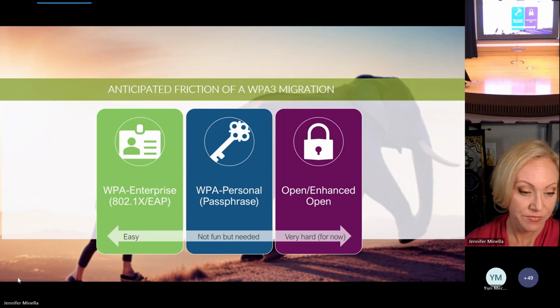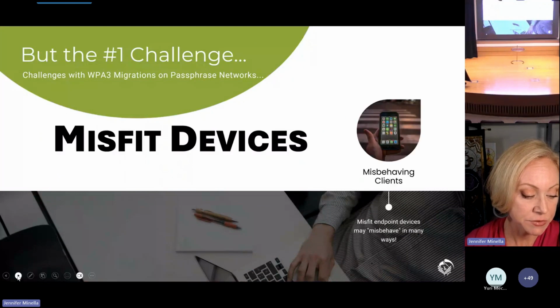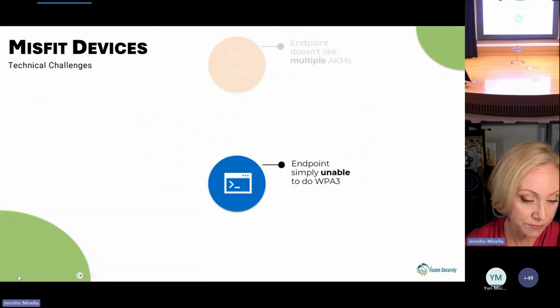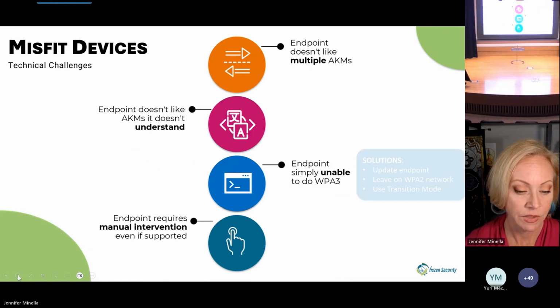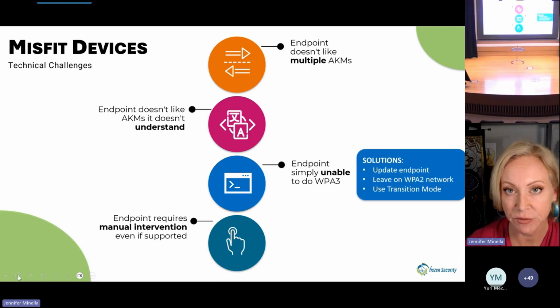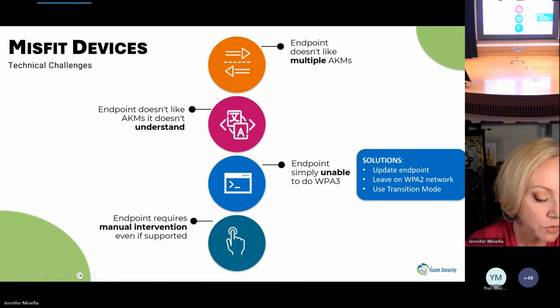Awesome. Fantastic. So let's talk about some of the solutions and some of the things we can do. So here's kind of some of the solutions we can work on. I think I've explained the why. I still have a couple of screenshots with what the AKMs are going to look like for you. So if the endpoint won't do WPA3, we have options.